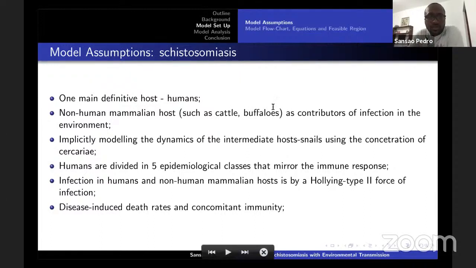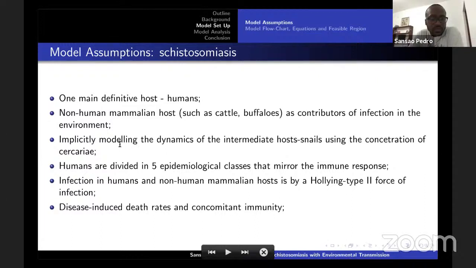And within these communities, there is also a culture of rearing animals such as cattle and buffalo. So we intend also to understand how these animals contribute as they also get in touch with the water environments. Then implicitly we model the intermediate host snails using the concentration of cercaria.